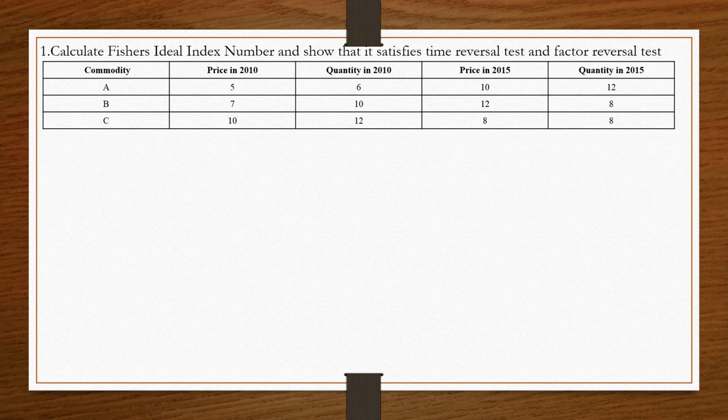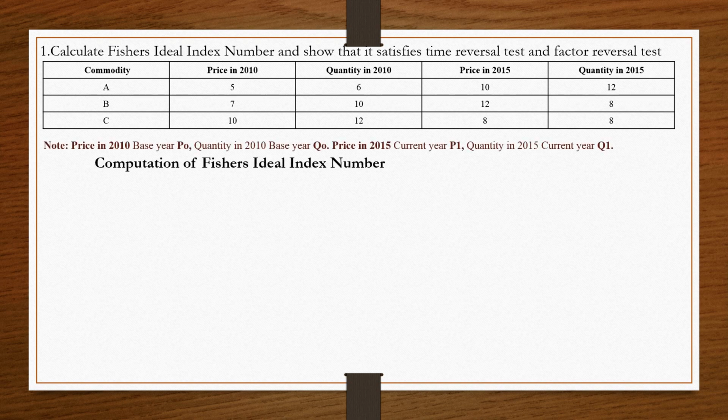So the question is, commodities are given A, B and C, then price in 2010, quantity in 2010, price in 2015 and quantity in 2015 are given. So 2010 is the base year and 2015 is the current year. So let's see the solution now. Before going to the solution, note what I have written.